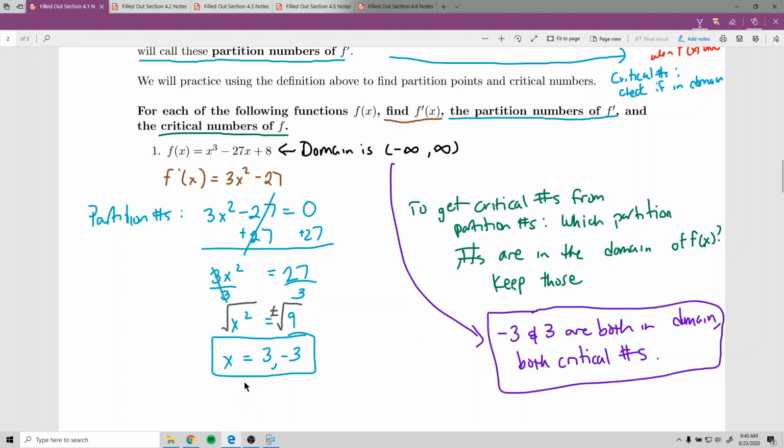Right, if, for example, 3 wasn't in the domain, then we would only include negative 3. It's possible that every partition number is not a critical number. And you see here, it's possible they all are. All right, but we'll build on this example as we go through the section.